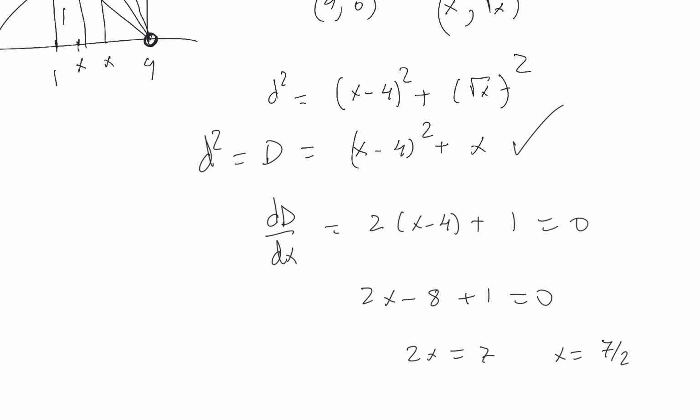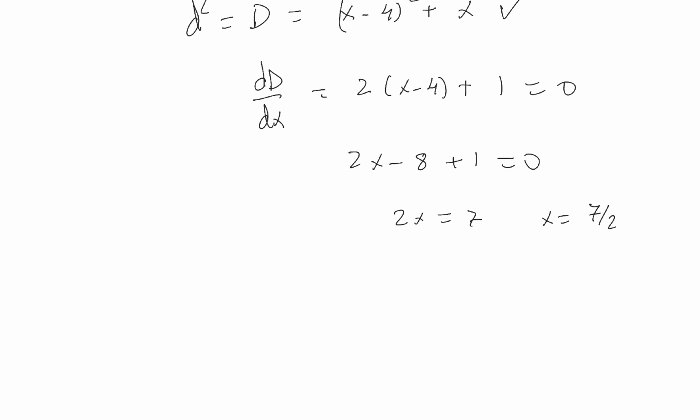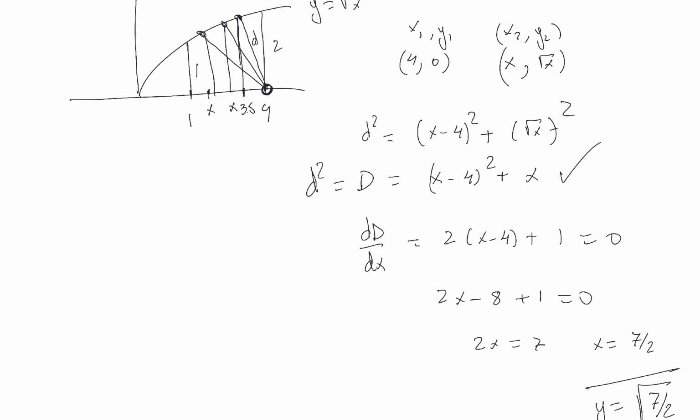7 divided by 2 is like 3.5. So the closest point is around here, 3.5. And the y is the square root of 3.5. So the point is 7 divided by 2, and y is the square root of 7 divided by 2. And this is the point that is the minimum distance from (4, 0), from this point, to the point on the curve, this point, 3.5.